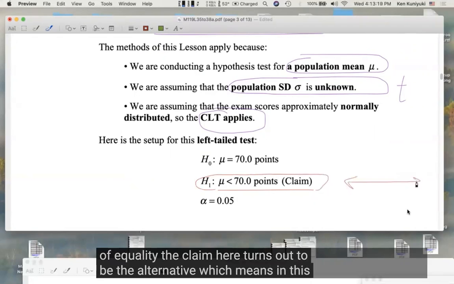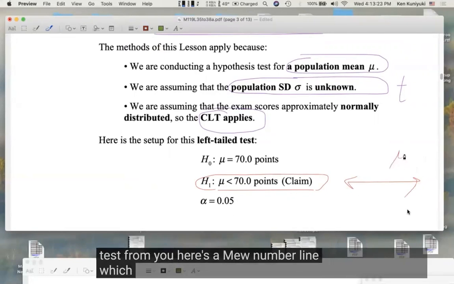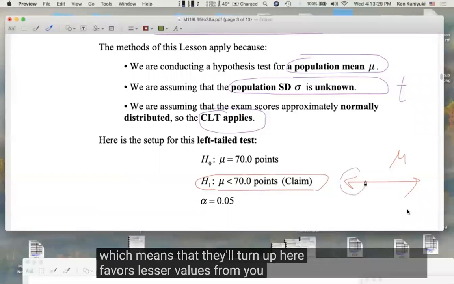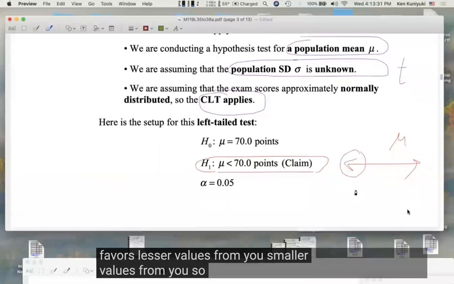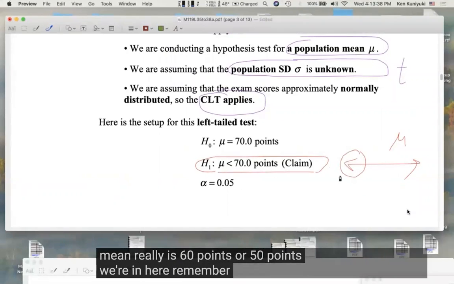Which means, in this test for mu, here's a mu number line, the alternative favors lesser values for mu, smaller values for mu. So if the population mean really is 60 points or 50 points, we're in here. And so it's a left tail test.